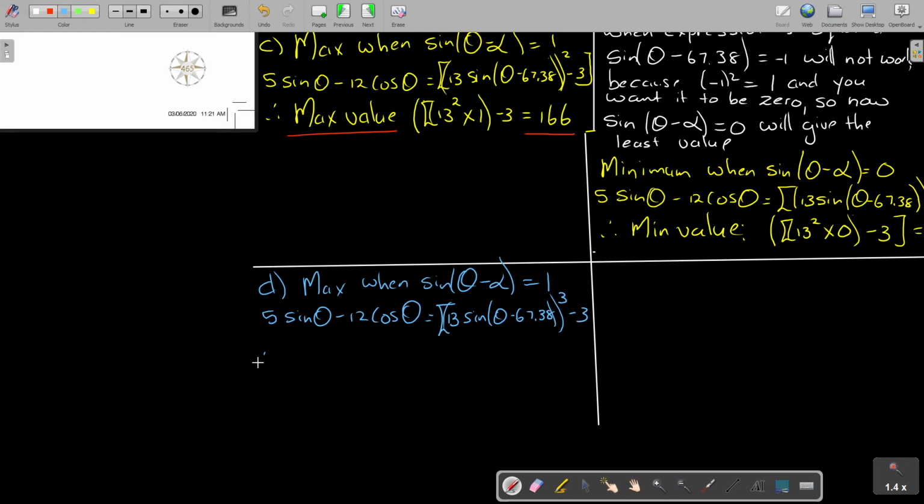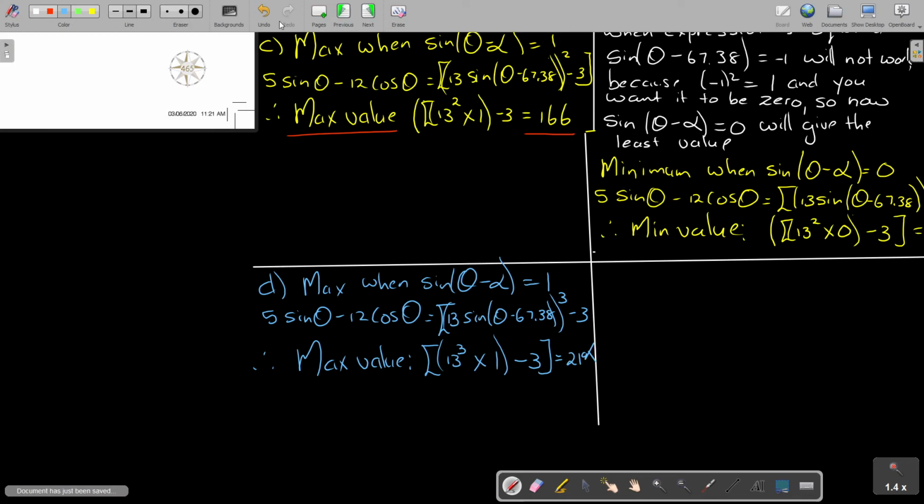So therefore, the max value is going to be 13 to the power of 3, multiply that 1, and after that, we subtract the 3. And that will give me an answer of 2194.